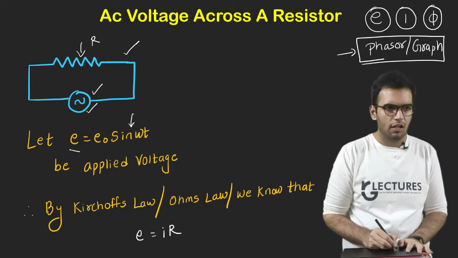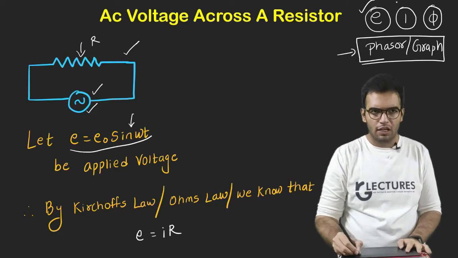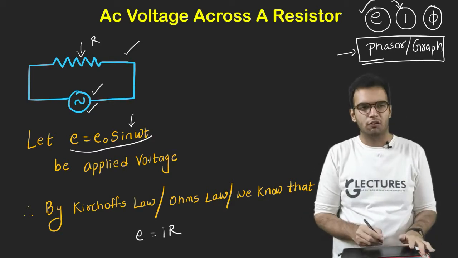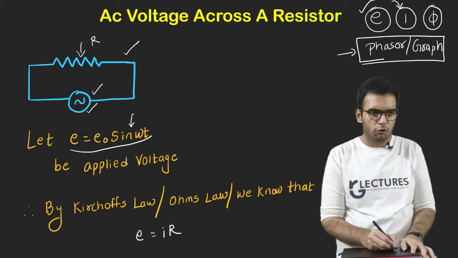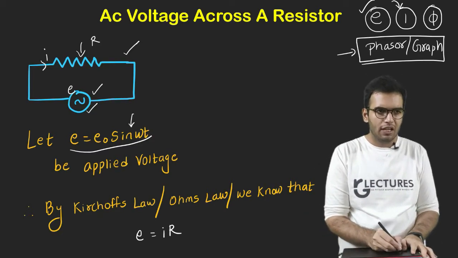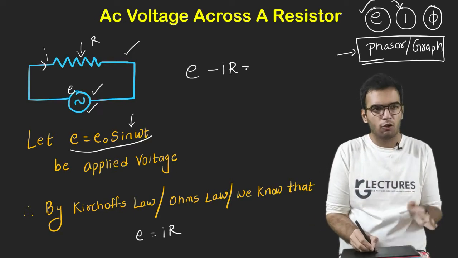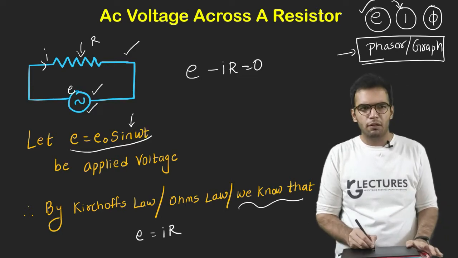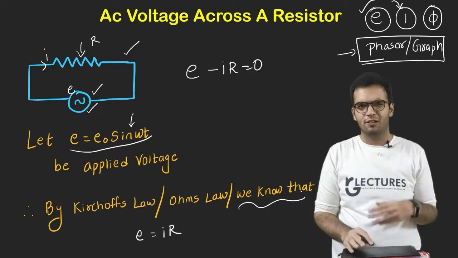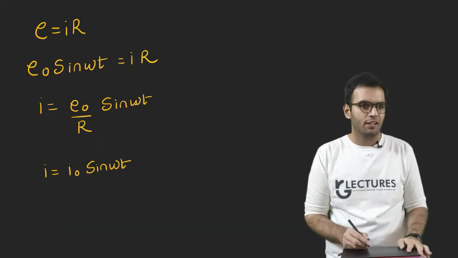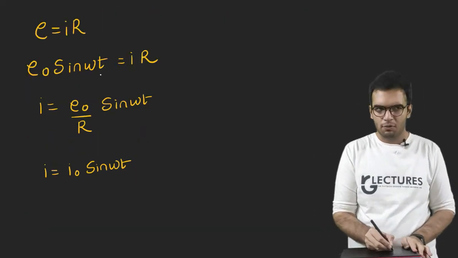Here I have applied the voltage, so that means I will find the current. Again, you can follow any explanation. A few books will say by Ohm's law E equals IR. Few will apply Kirchhoff's law and say E minus IR across this loop is 0, or simply a few students will write, we know that. Anything is fine. E equals IR, and E equals E naught sine omega t.